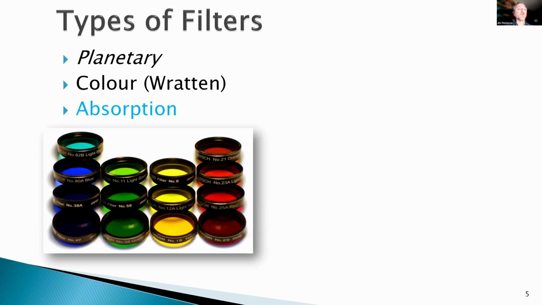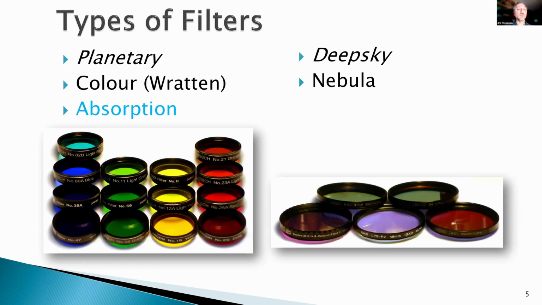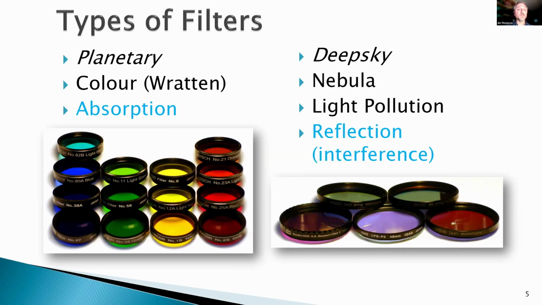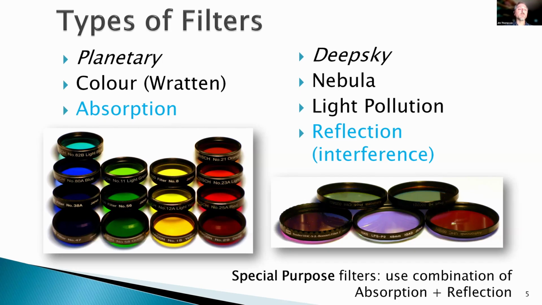The other type of filter goes by several names, including deep sky, nebula, or light pollution. Regardless of the name, though, these are all interference type filters. They block light by reflecting it away. There are also special purpose filters that use a combination of absorption and reflection, which I will discuss later in part 3.